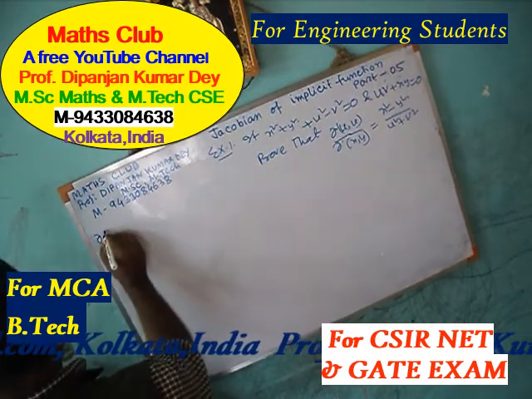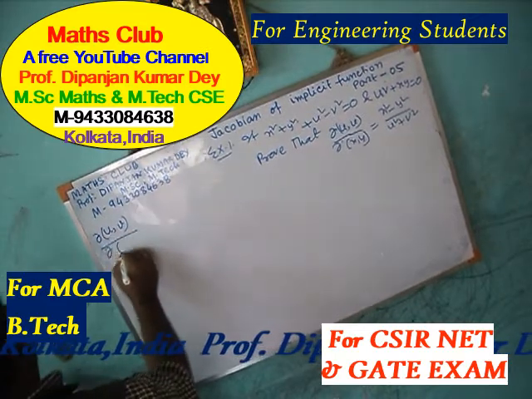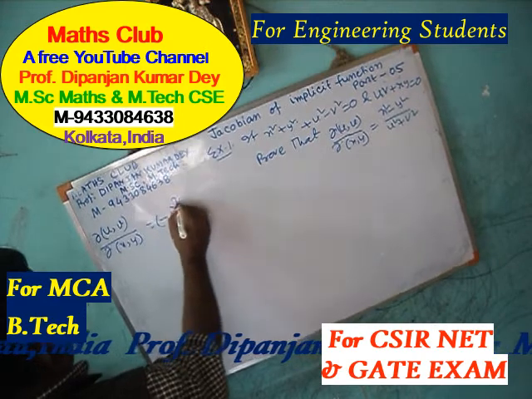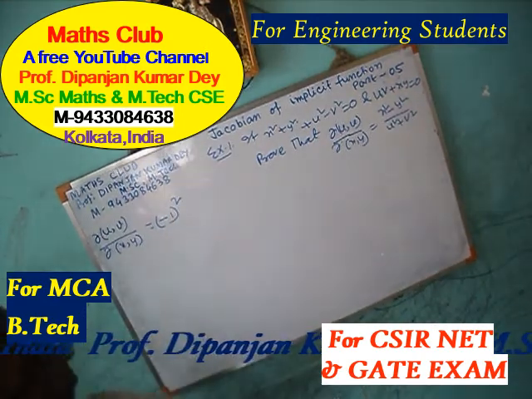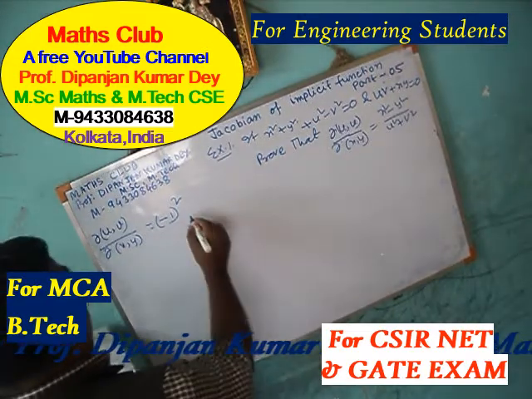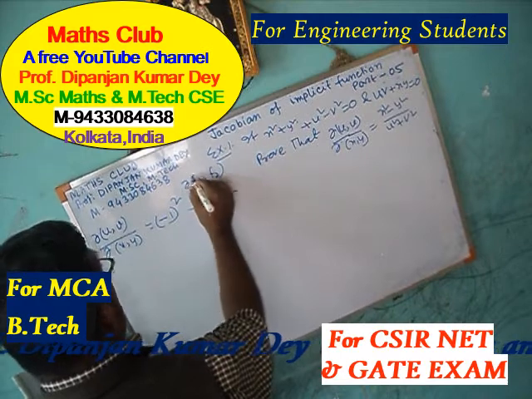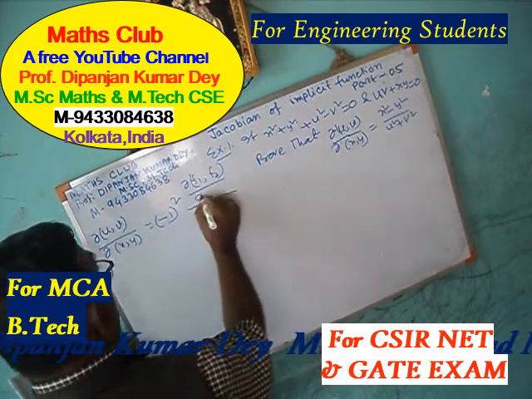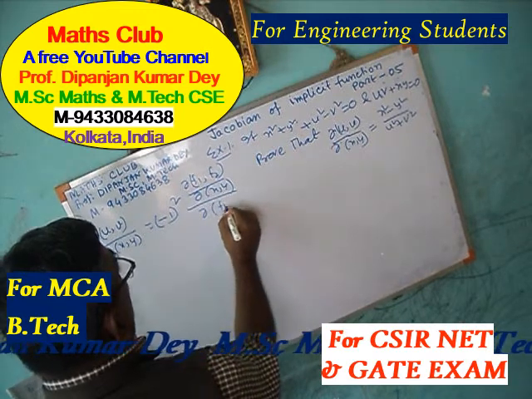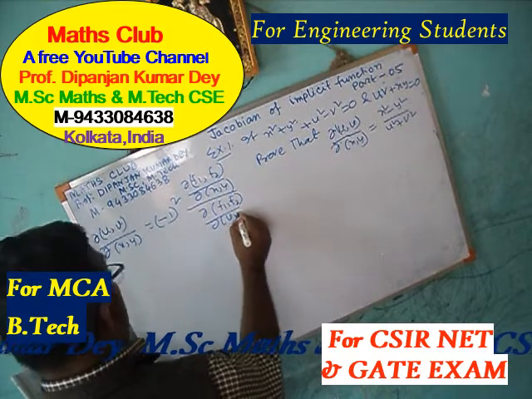del(u,v) by del(x,y) is equal to minus 1 to the power 2, n equal to 2 here because x, y are connected to u, v, into del(f1,f2) by del(x,y) divided by del(f1,f2) by del(u,v).